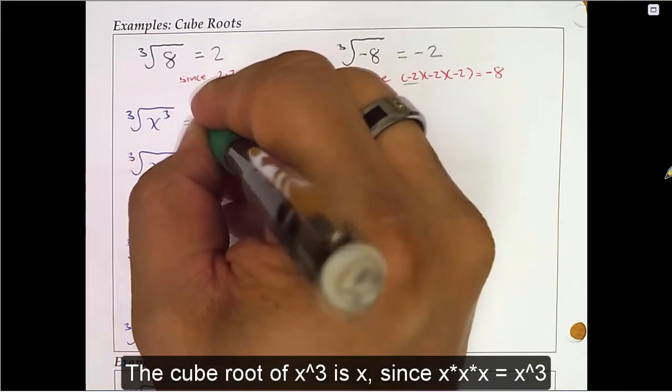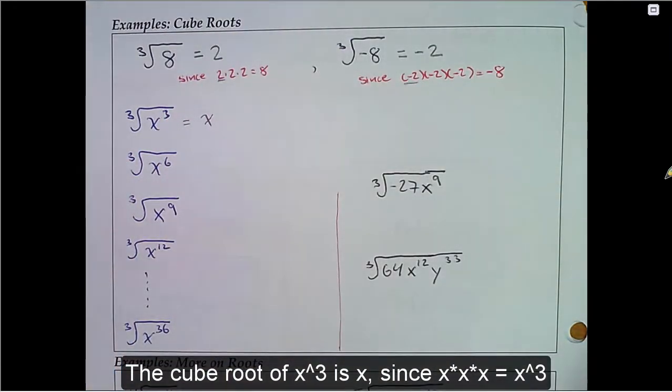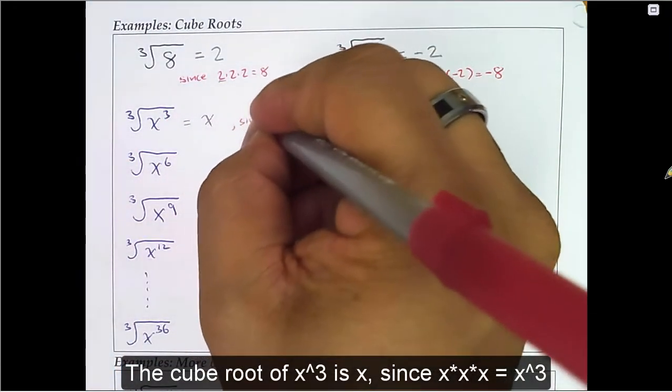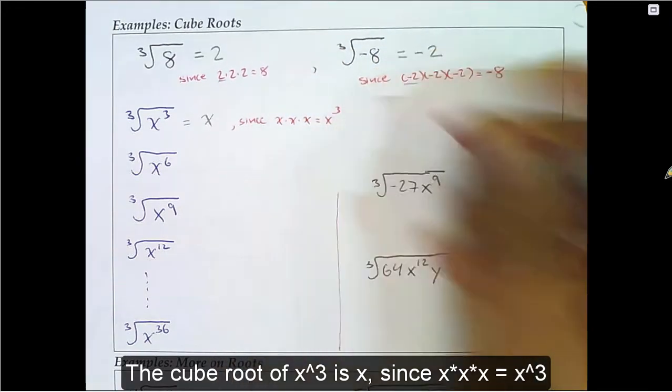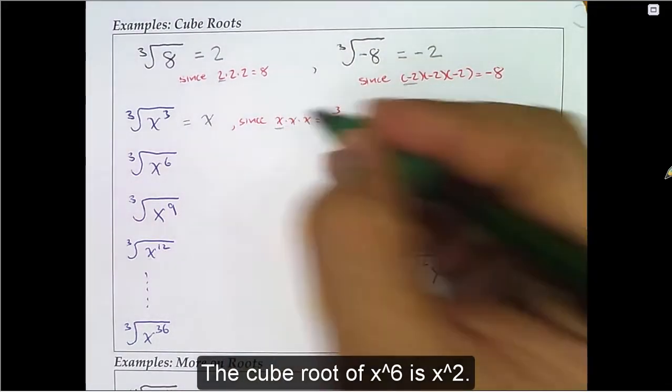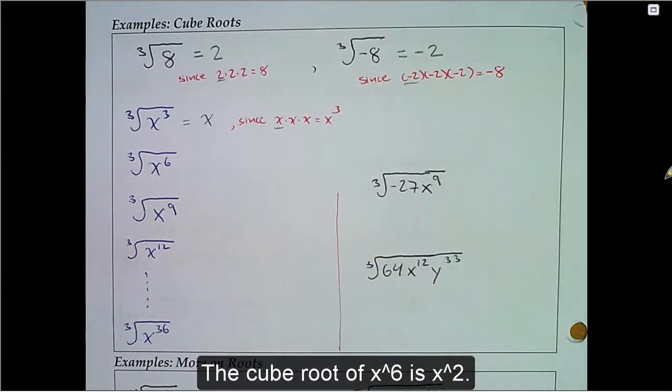Cube root of x cubed is x, since x times x times x is x cubed. Cube root of x to the 6 is x squared.